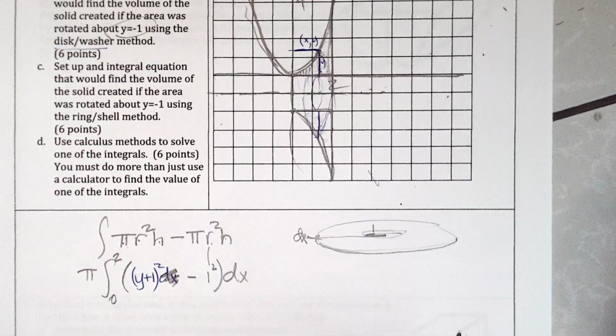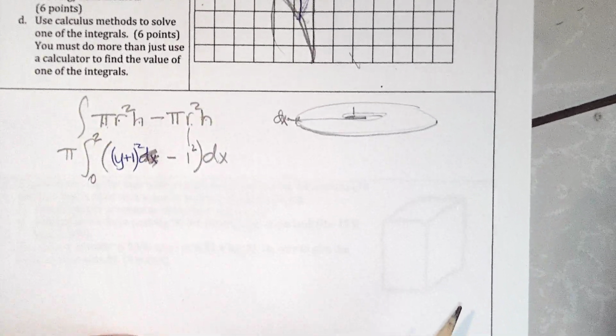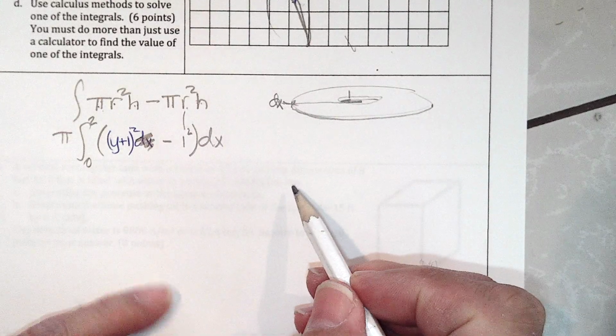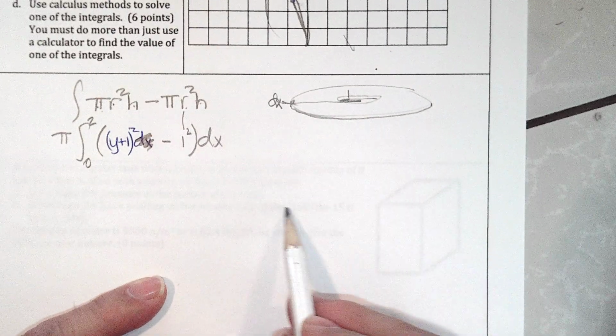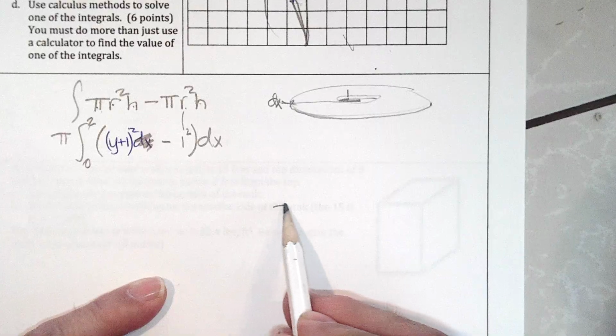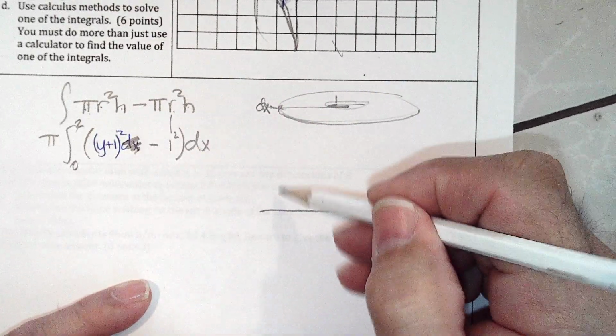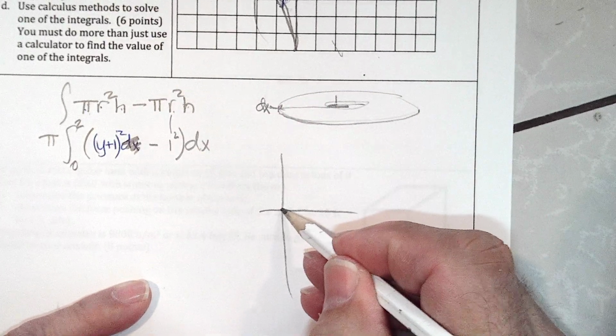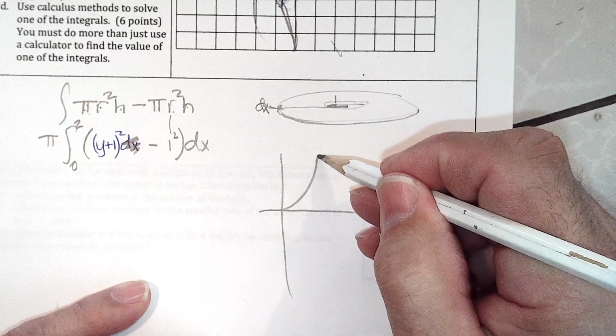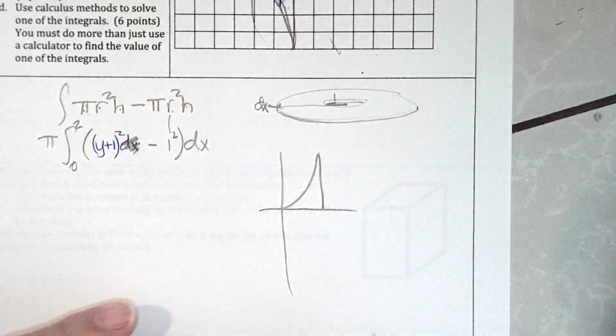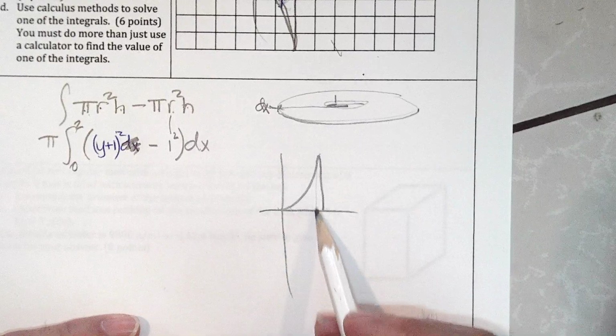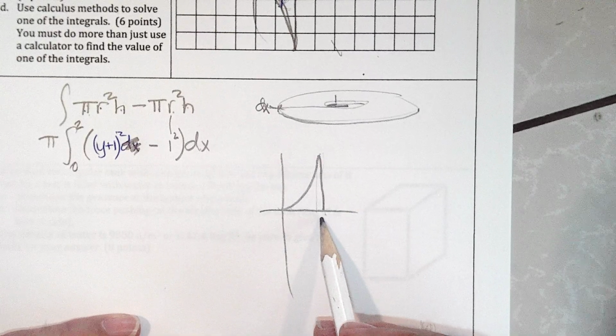Now the shell method, just so that you can see it, I'm going to redraw this here for those of you who have a hard time seeing this. So we had a parabola that goes like this, and the x equal 2.